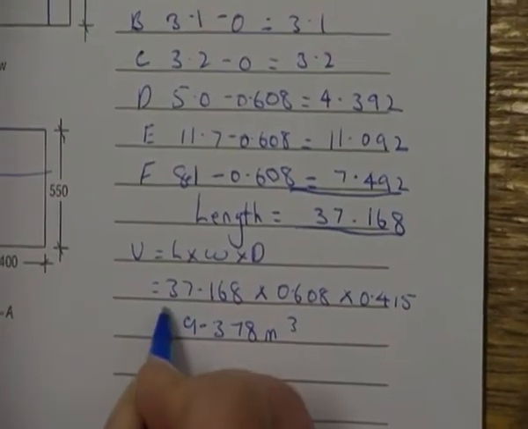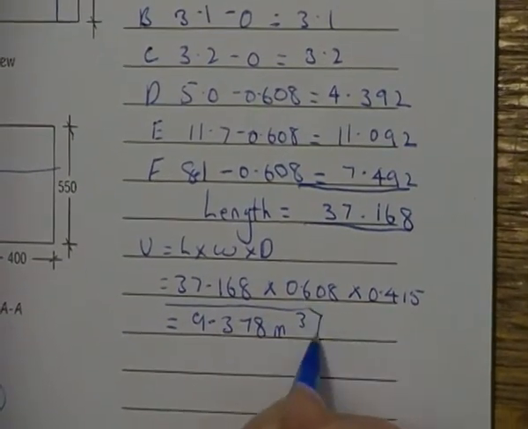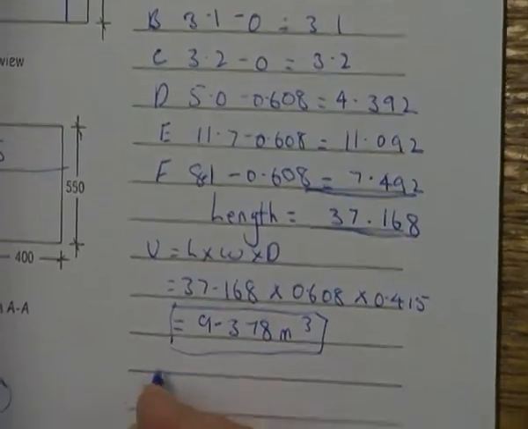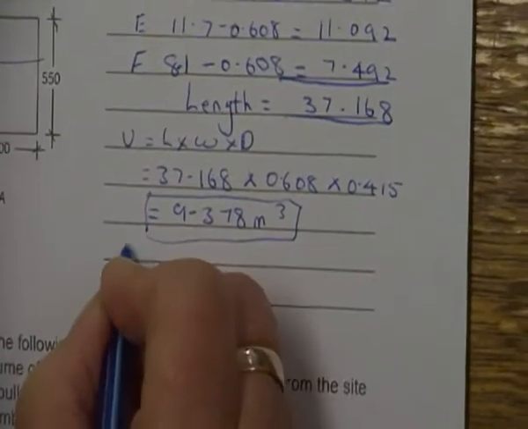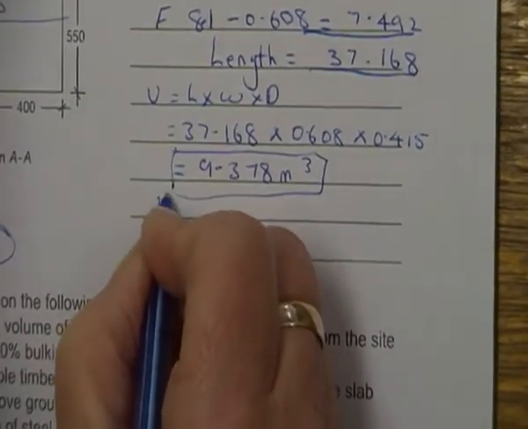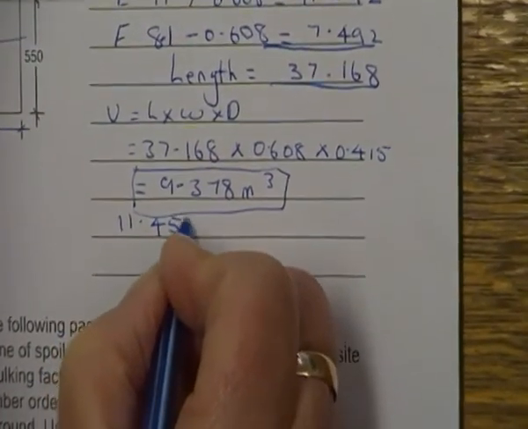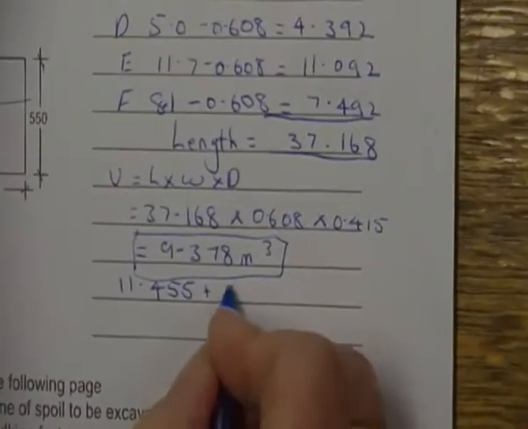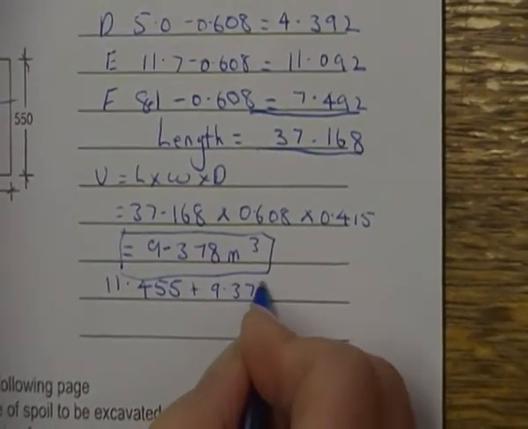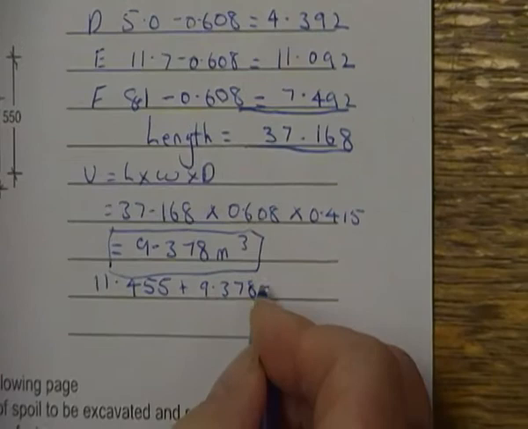Now, I want that figure, so I'm boxing it up. So we add the two figures together, 11.455 plus 9.378.